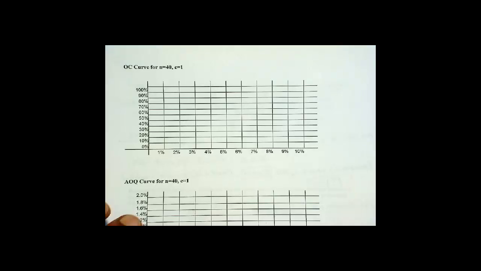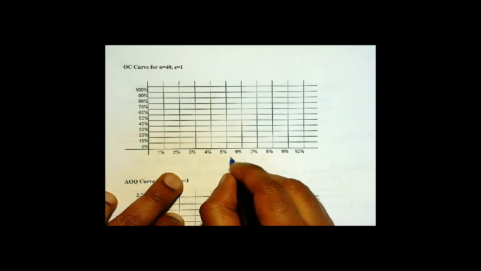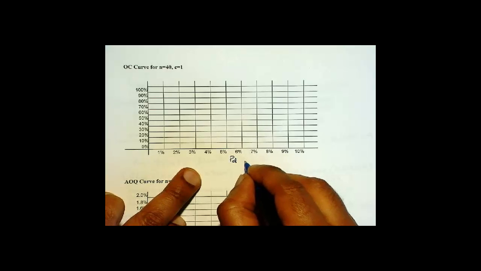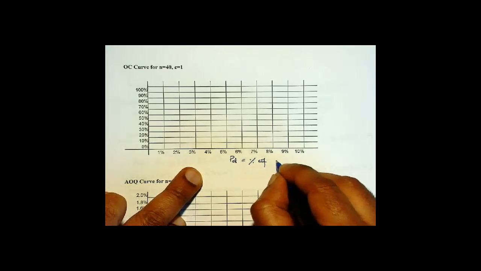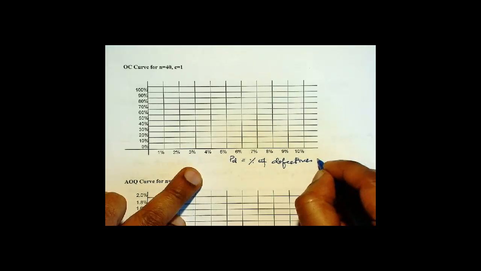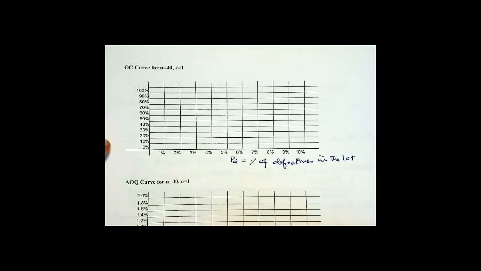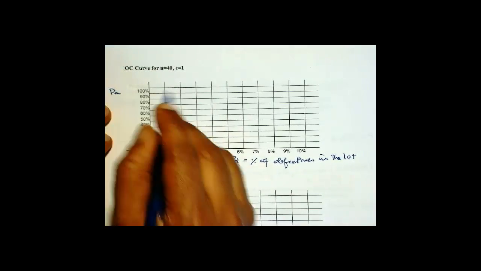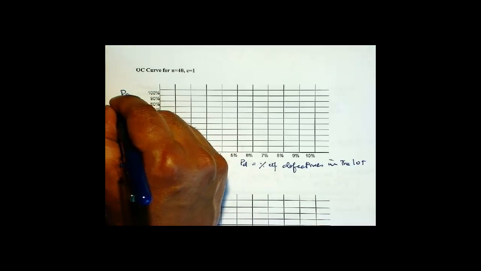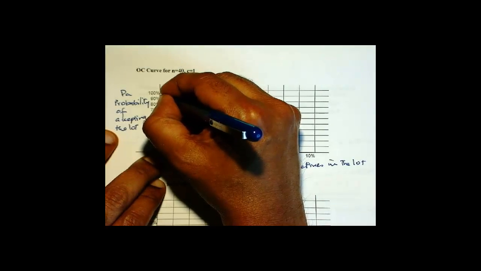Remember, this is P sub d on the x-axis, that is equal to the percentage of defectives in the lot, and this is P sub a, probability of accepting the lot. So at 0 it will be 100%. So that's the starting point.